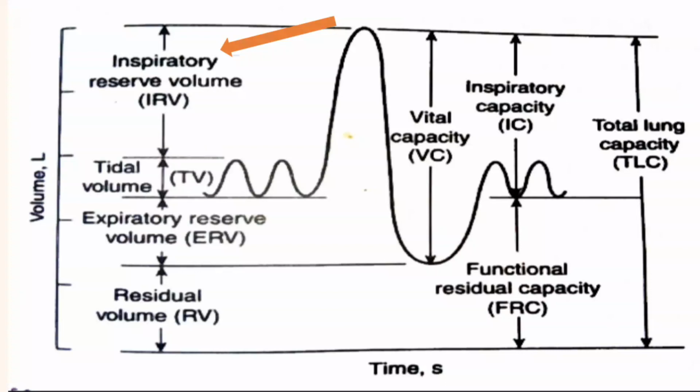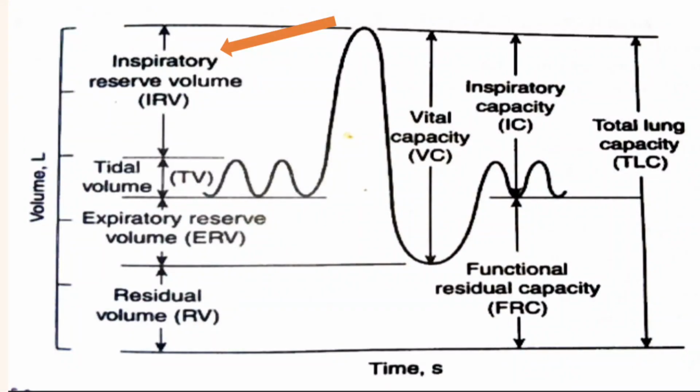This is a picture of the lung volumes and capacities, and the yellow arrow is pointing towards the inspiratory reserve volume. It is the additional volume of air that can be breathed in forcefully after a normal quiet inspiration.